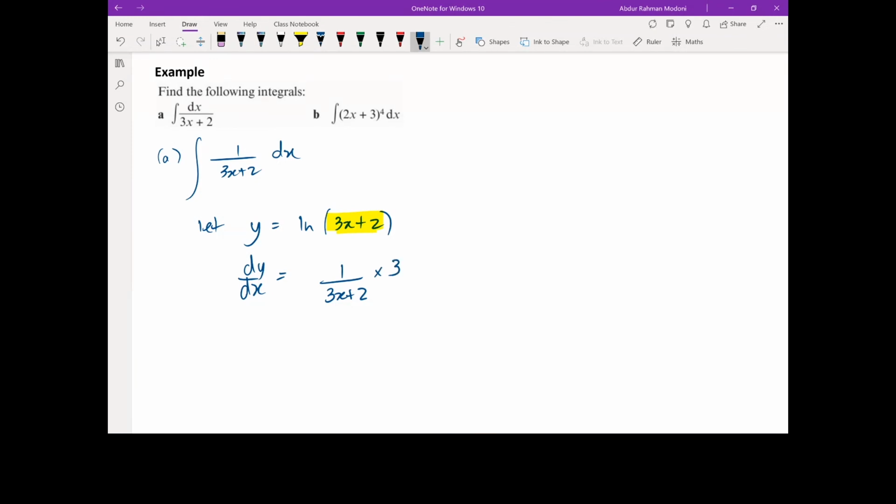Now, we can see here that what we need to get to is 1 over 3x plus 2. Now we've got this extra 3, so we need to adjust this by a scale factor. So we're going to times it by 1 over 3, because then that 3 will cancel with that, leaving us with 1 over 3x plus 2, which is what we want to get to. Okay, so differentiating this gets us this by chain rule.